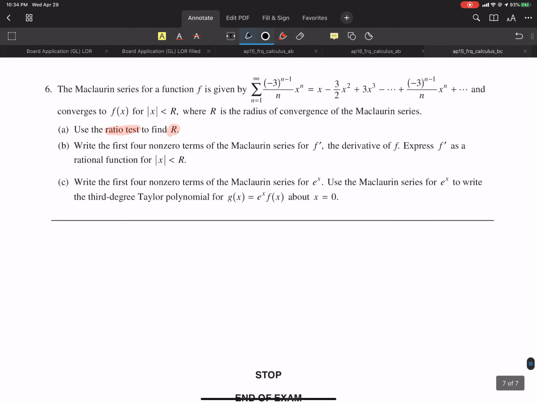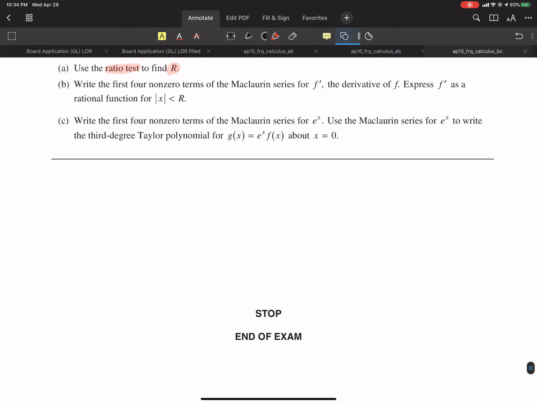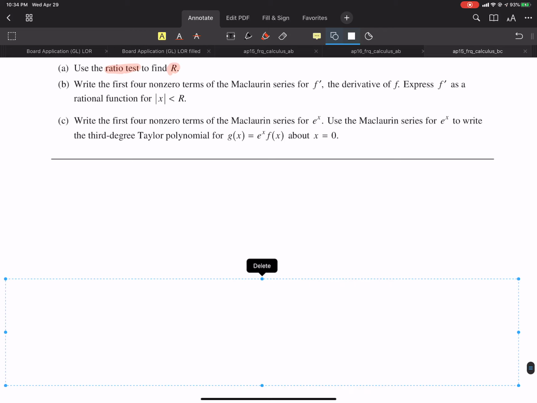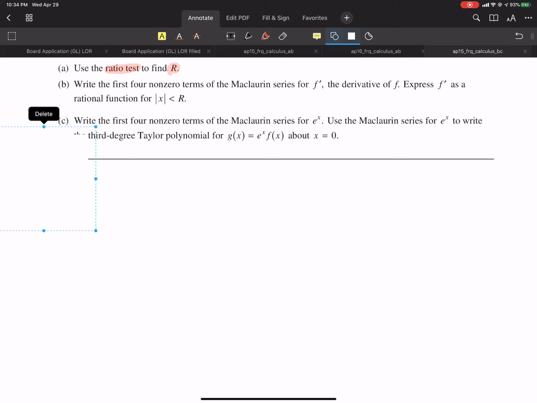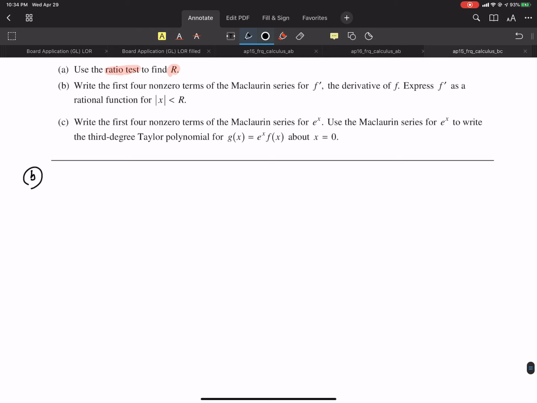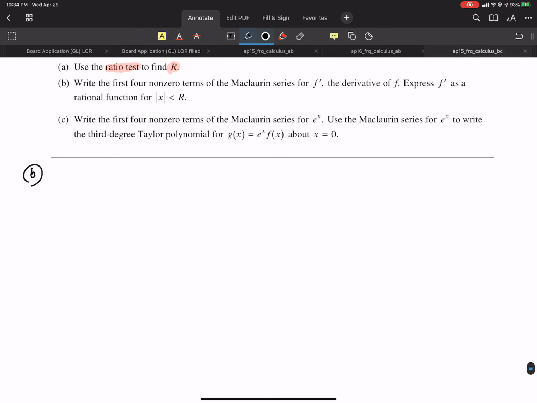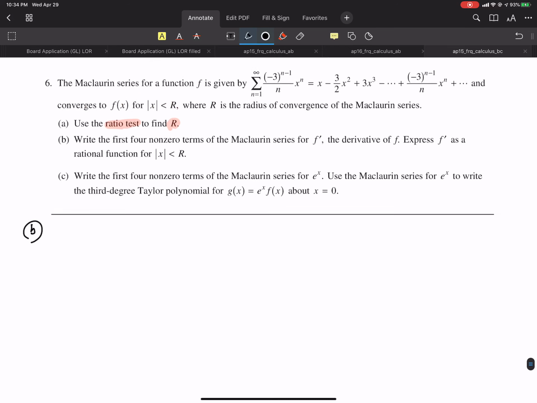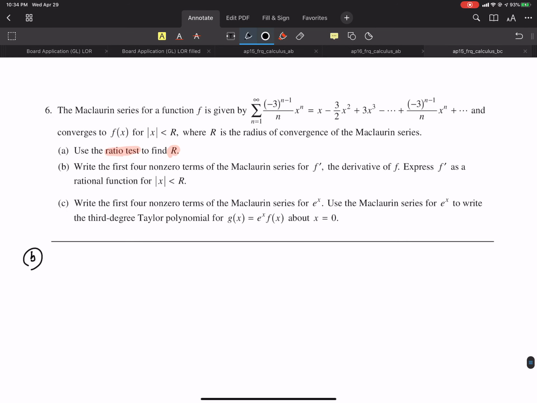So part B, ooh, I should have boxed this out. Bam. Part B, so you want to find the Maclaurin series for f prime. So here's what we have. We have the Maclaurin series for f.